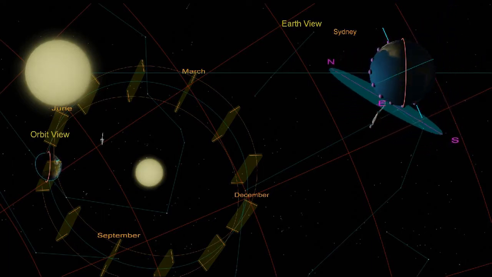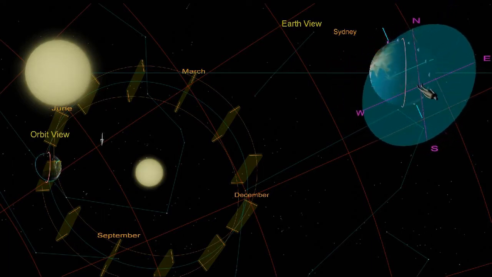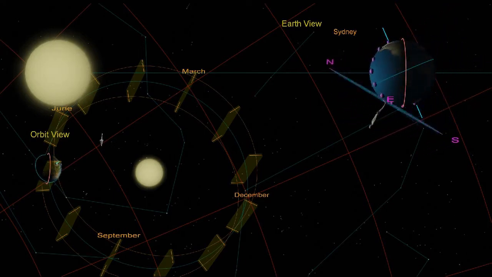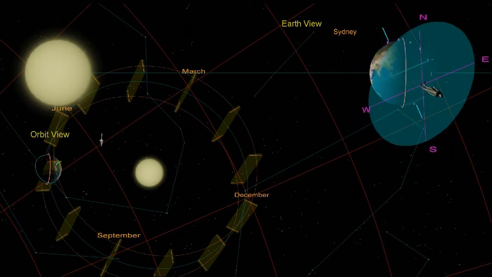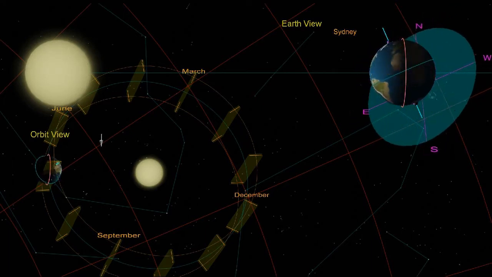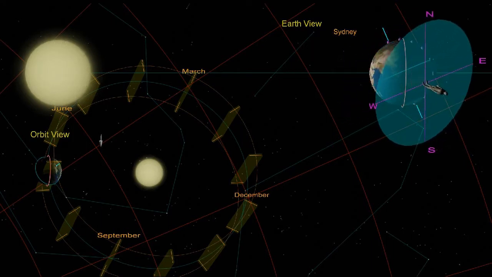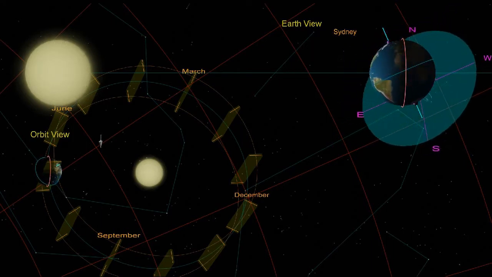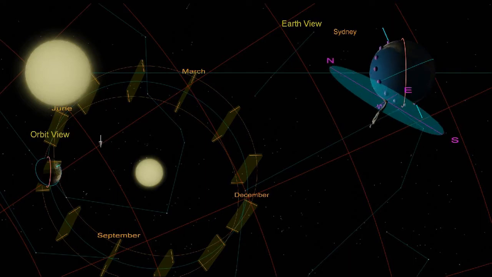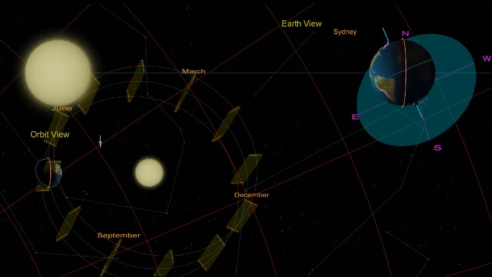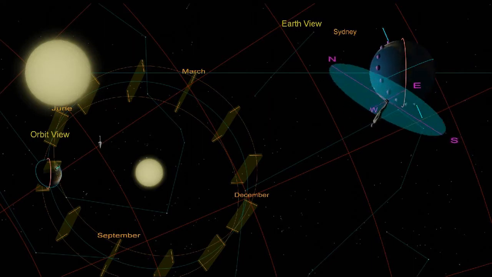The disk represents this figure's horizon. Everything above this disk, from the figure's point of view, is above its horizon, and it can see it in the sky. Everything below the disk is below this figure's horizon.